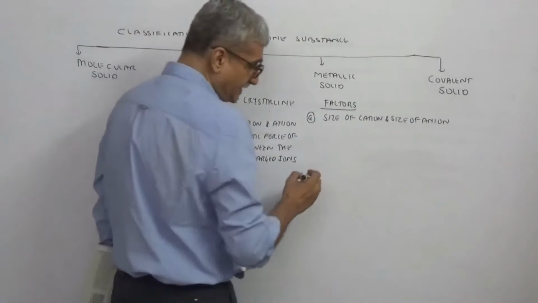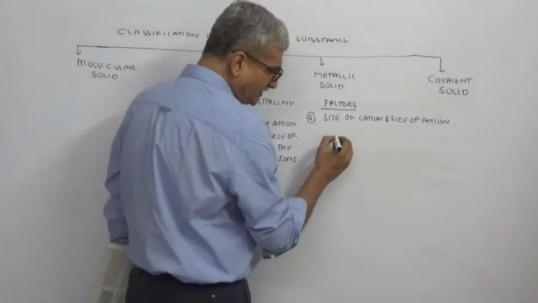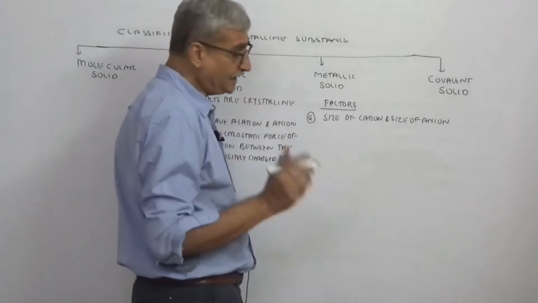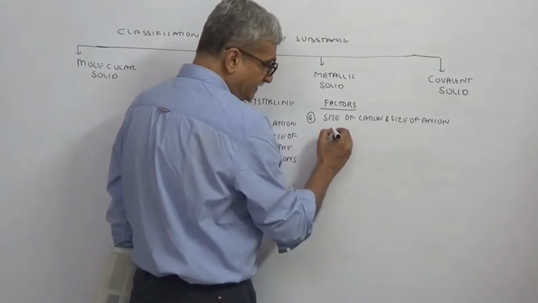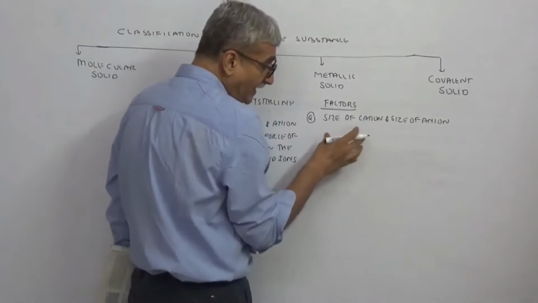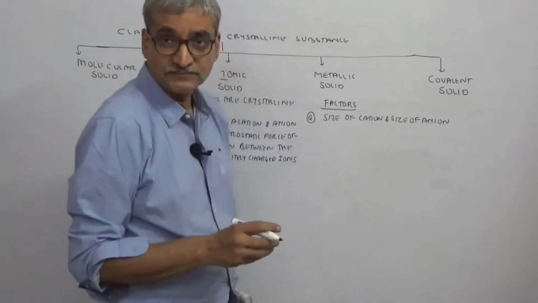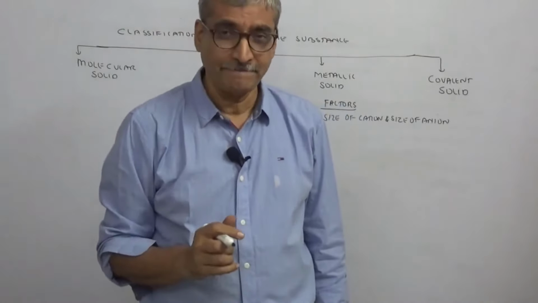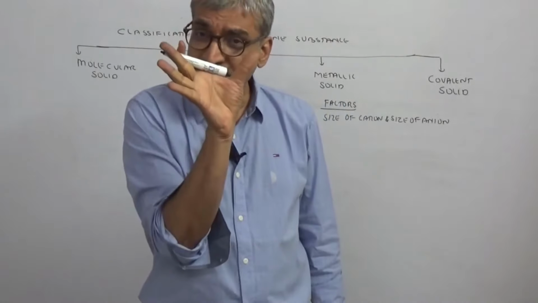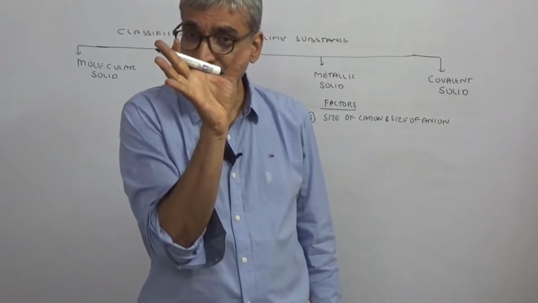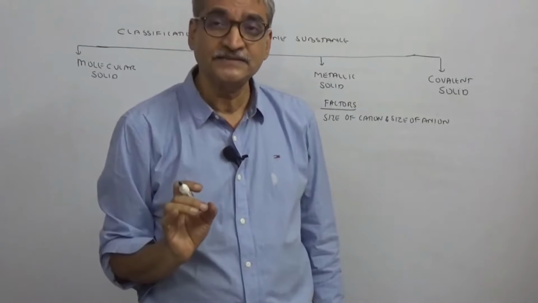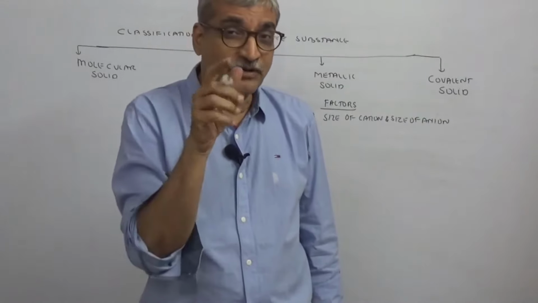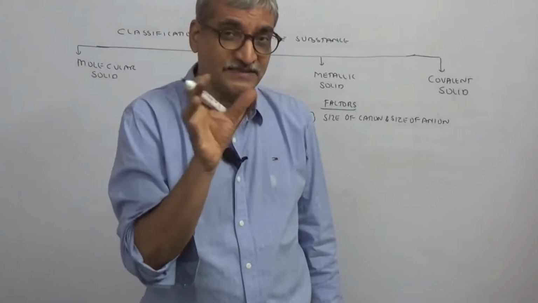See, suppose the cation and anion are of the same size, then the arrangement will be very, very close because both have the same size. But if the cation is large and the anion is small, there is a possibility of more vacant spaces.